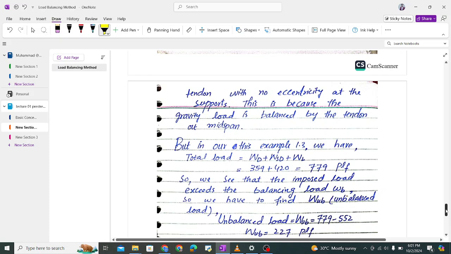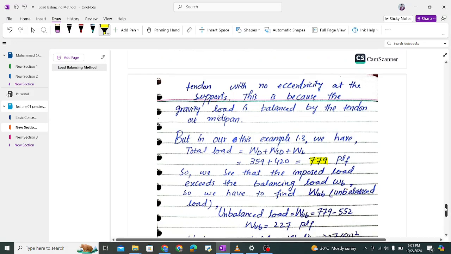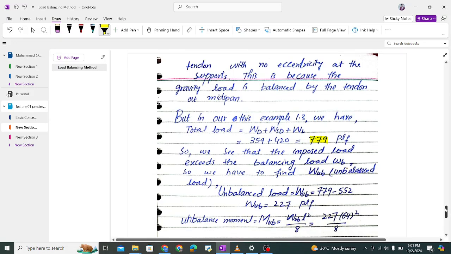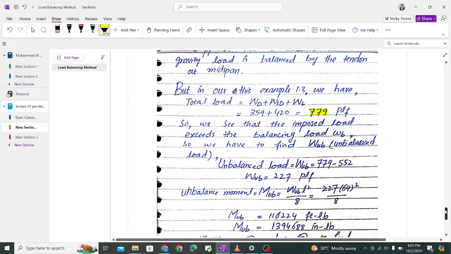But in our example, we have a total load of 779, which is not equal to the 552 PLF. So we have to find the unbalanced load. The unbalanced load is calculated as 779 minus 552.